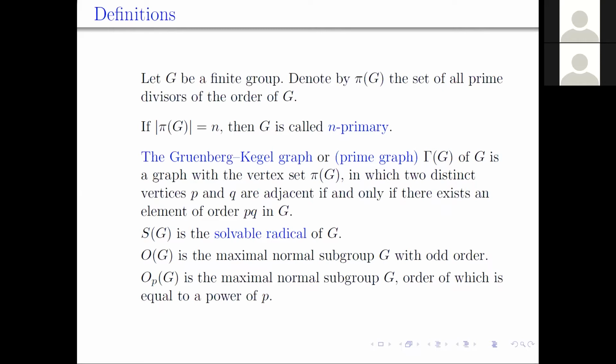And O_P(G) is the maximal normal subgroup of G, the order of which is equal to a power of P.